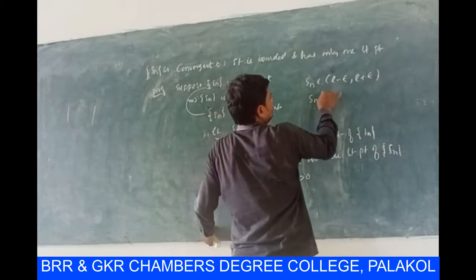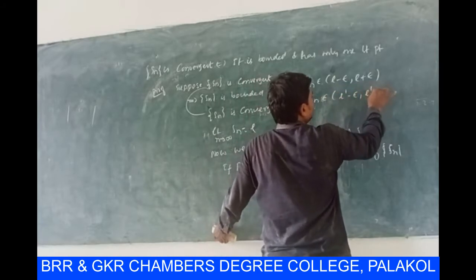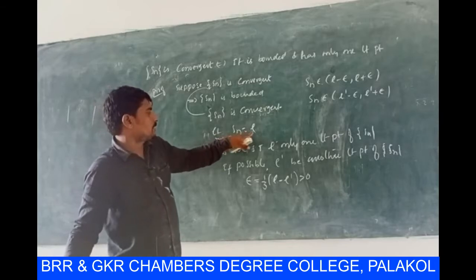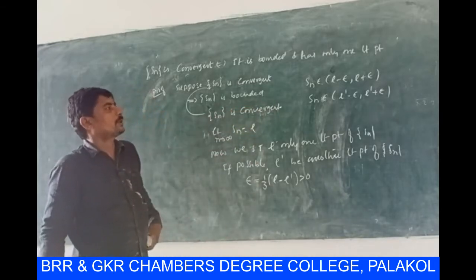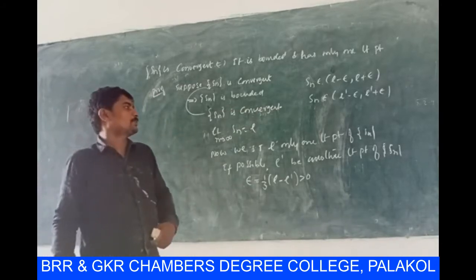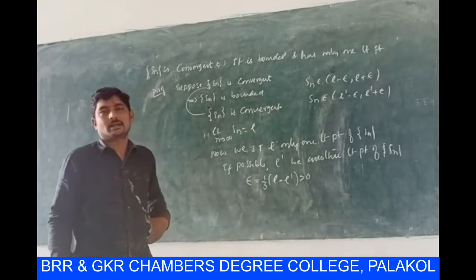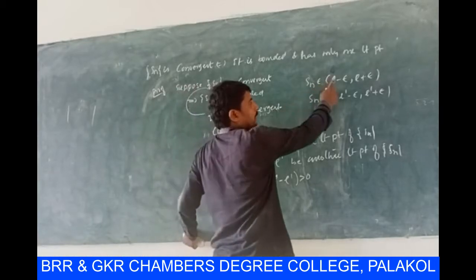Similarly, Sn also belongs to L dash minus epsilon comma L dash plus epsilon. In that case, L dash is not a limit point, so L is the only limit point.